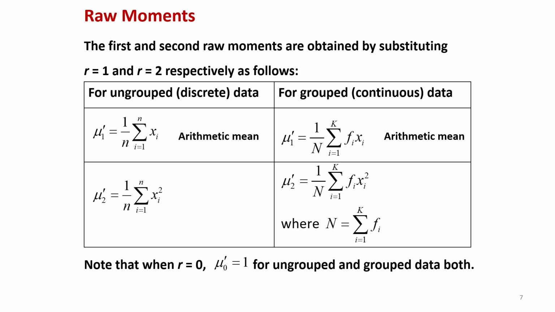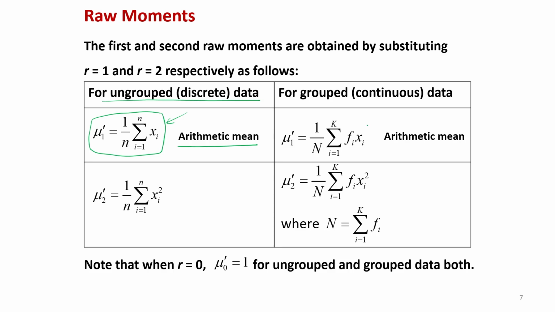So in the case of ungrouped data, if you put r equal to 1, then you get mu 1 prime equal to 1 upon n, summation i goes from 1 to n, xi. What is this quantity? Can you identify? This is simply your arithmetic mean. And the same is the case when you consider the grouped data.